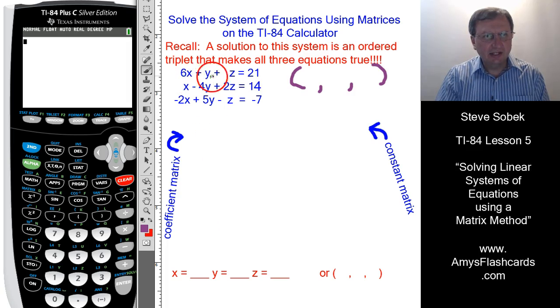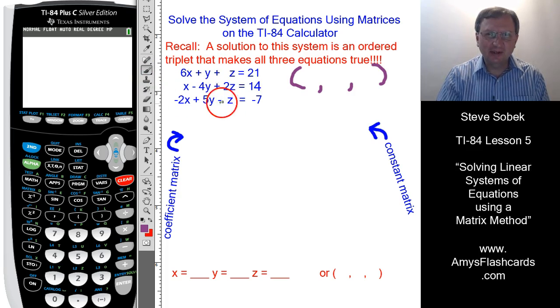Are you thinking 6, 1, 1, 1, negative 4, 2, and negative 2, 5, negative 1? Good job. That's right. It's just the coefficients of x, y, and z.